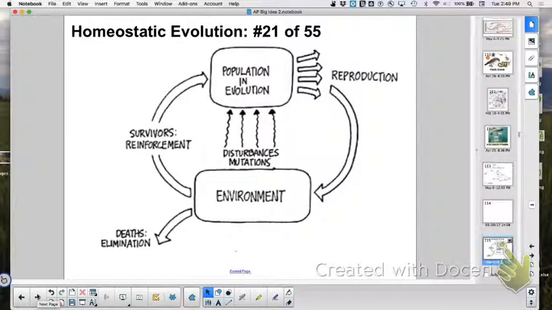Next, homeostatic evolution. Oldest bio buddy, why don't you explain this diagram right here? Go ahead, oldest bio buddy. Go quick. Okay, so you have your population and environment.